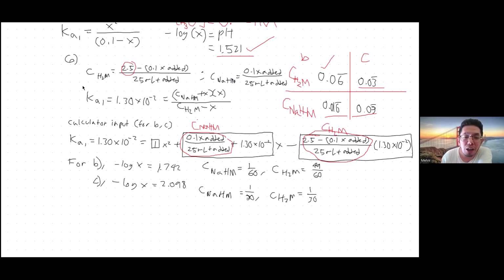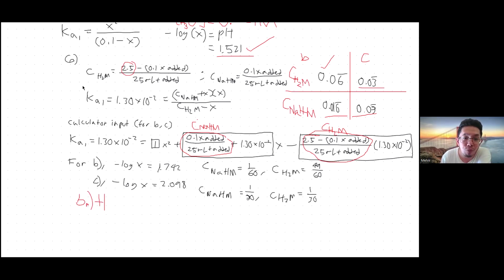Josh, can you try using the Henderson-Hasselbalch equation? Pakisulat, letter B and C. Sige nga, ulitin mo letter B, yung Henderson-Hasselbalch equation niya. Kasi may mga concentration ka na eh. So this time your HHE method.